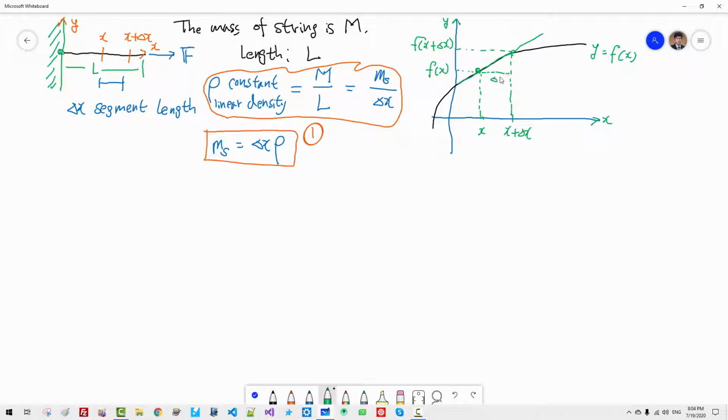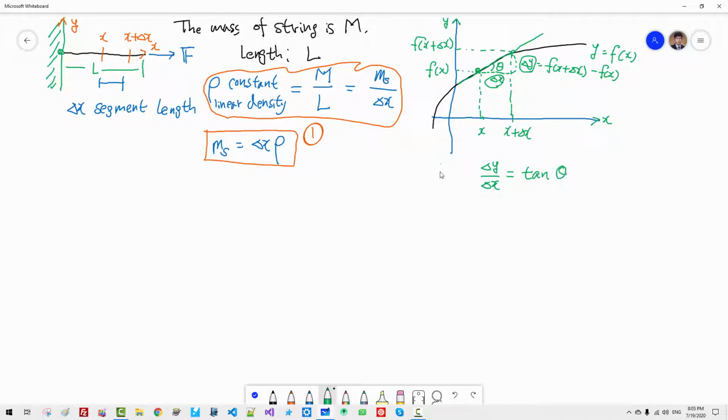This is delta x, this is delta y, or f(x plus delta x) minus f(x). So delta y over delta x equals tangent of theta, where this angle is theta.